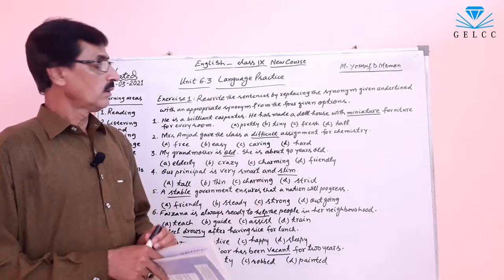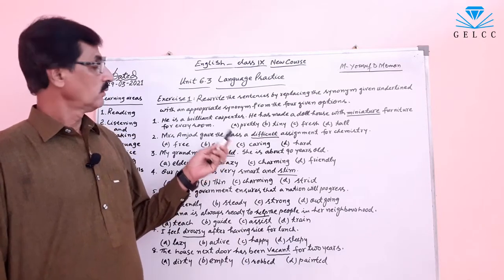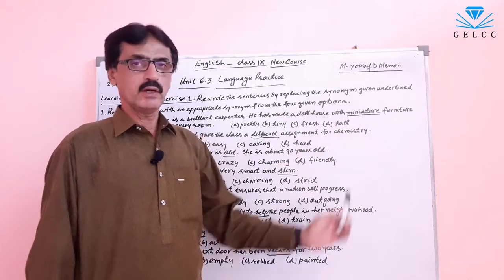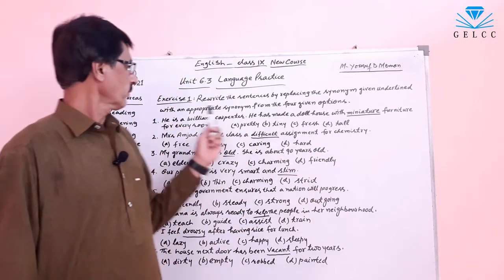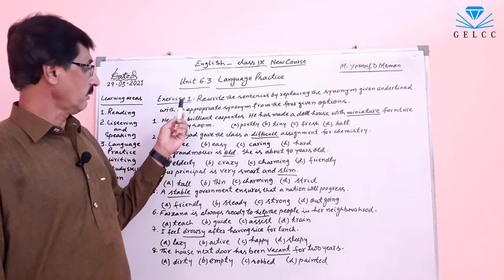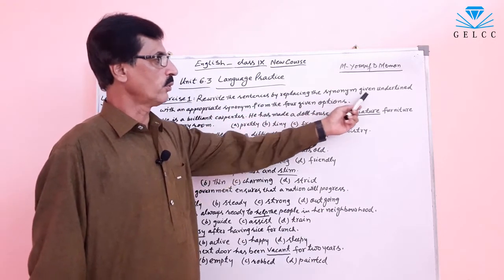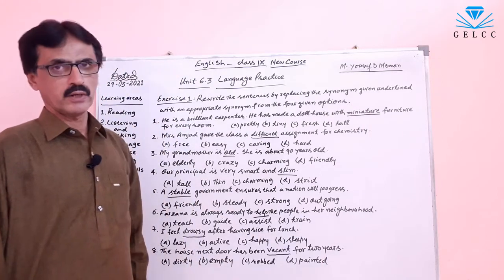But on the whiteboard, I have not written the word in bold letters, but I have underlined it. So, I have written this question: rewrite the sentences by replacing the synonym given underlined.